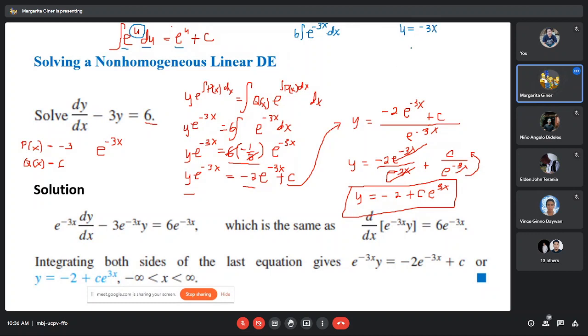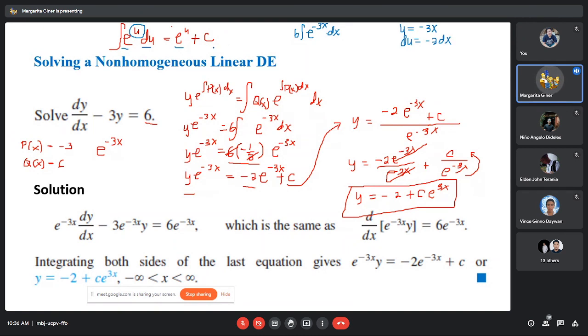Okay? To solve the antiderivative of our equation, we solve for its derivative. The derivative of negative 3x is simply negative 3 dx.